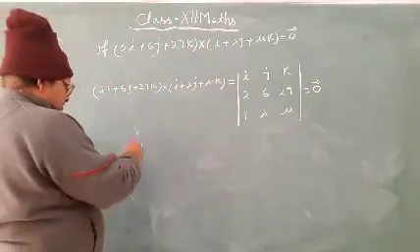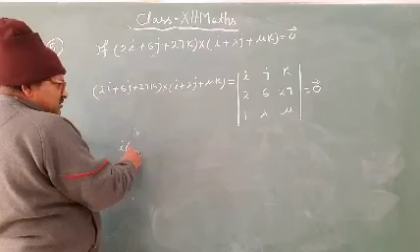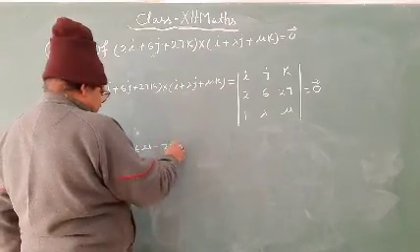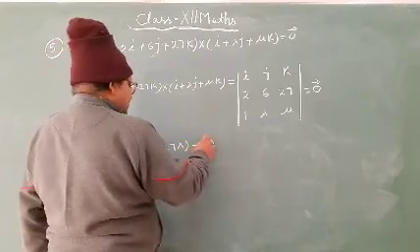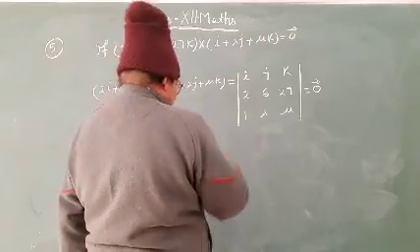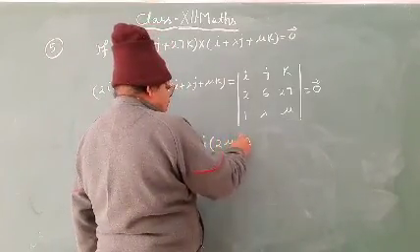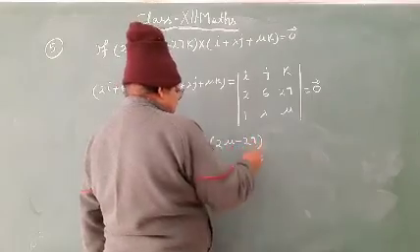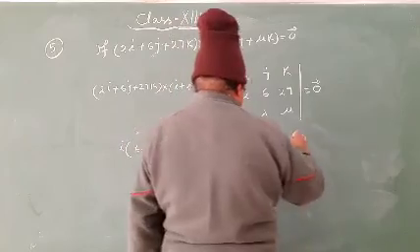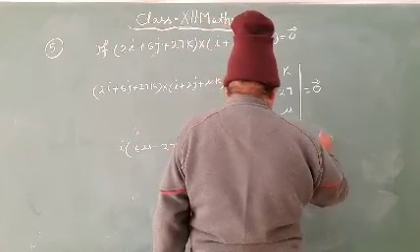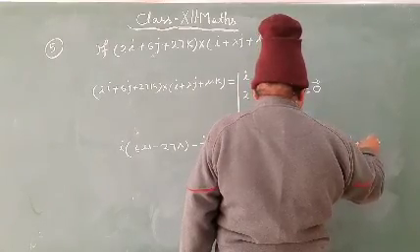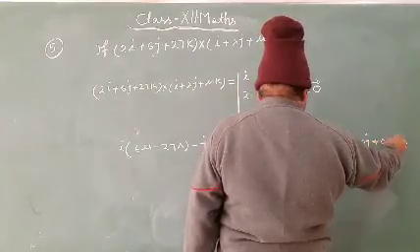That is i(6 mu minus 27 lambda) minus j(2 mu minus 27) plus k(2 lambda minus 6) is equal to 0i plus 0j plus 0k.